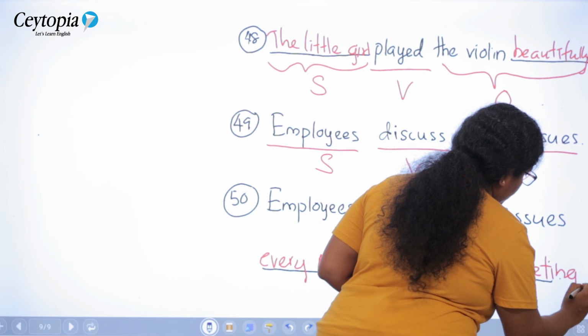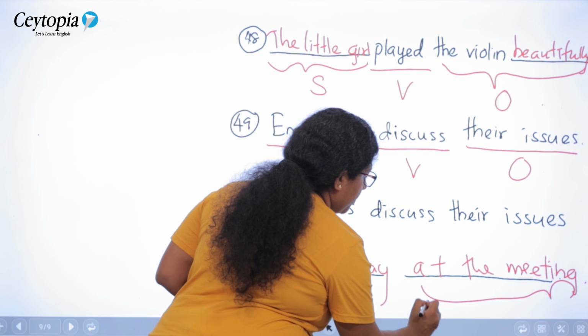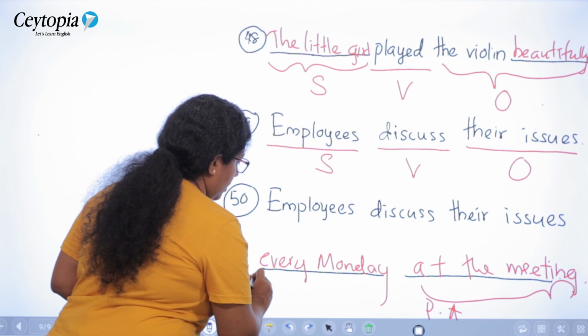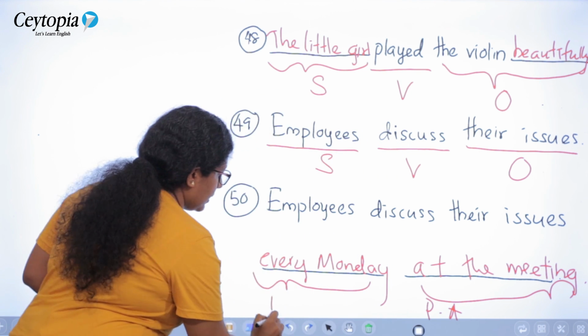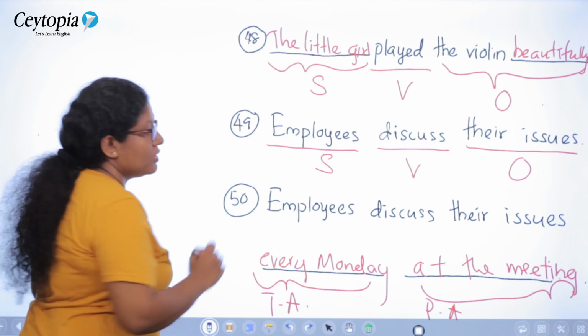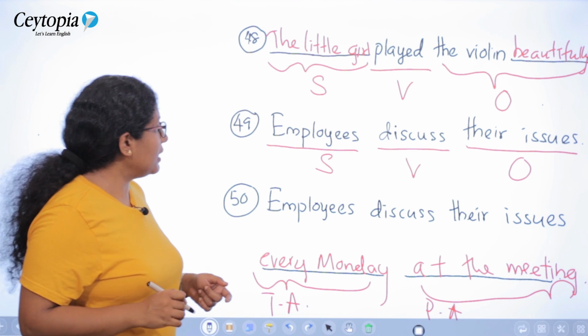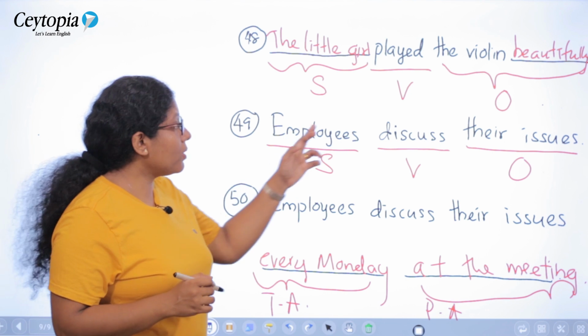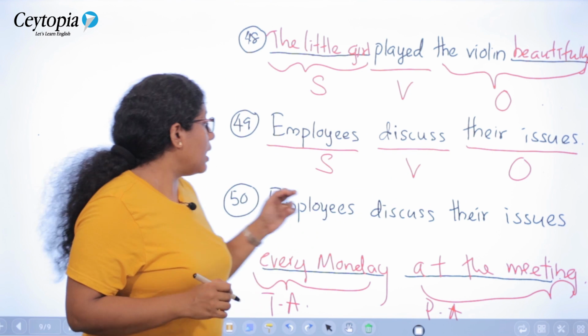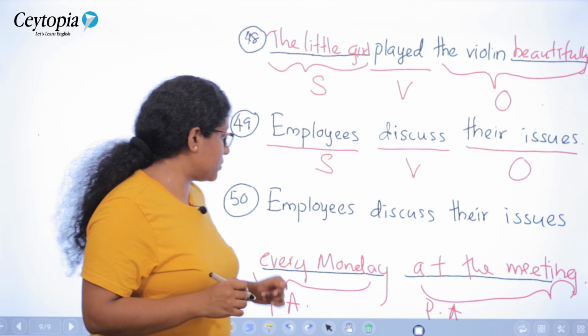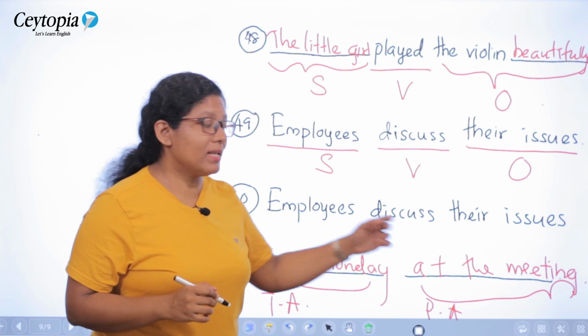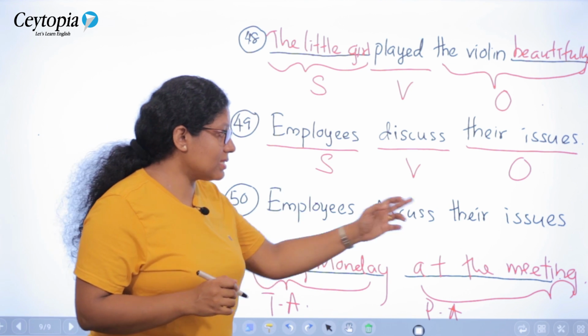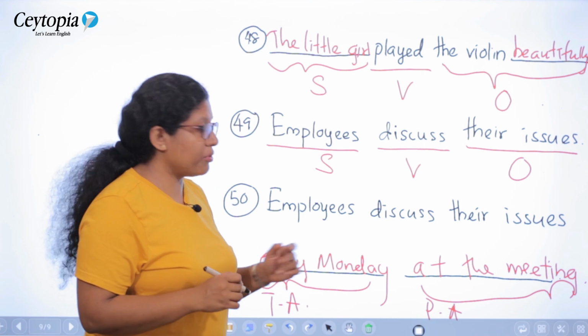You have a place adverb as well as a time adverb to give further information. Let's take a look at it again. Employees discuss their issues every Monday at the meeting, or else you can say employees discuss their issues at the meeting every Monday.